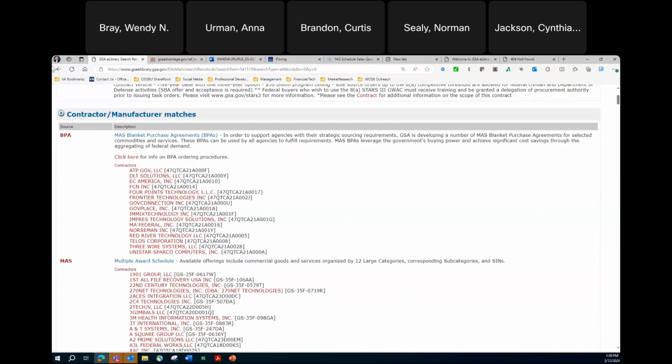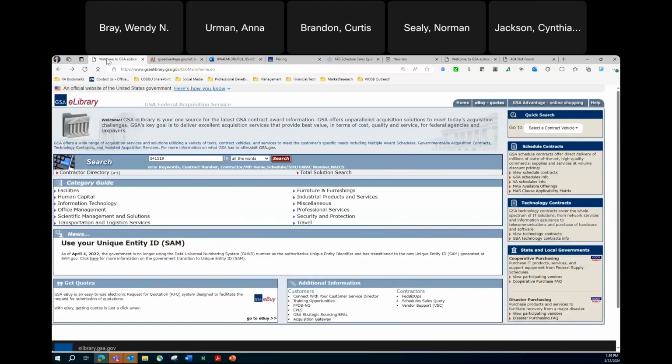If you were specifically just looking at this and wanted to analyze the data, that's one way to pull it and then easily identify the NAICS codes like she was showing you. And that would be a great point for us to cover in our Excel training in a couple of weeks. Thanks, Wendy. That was awesome.